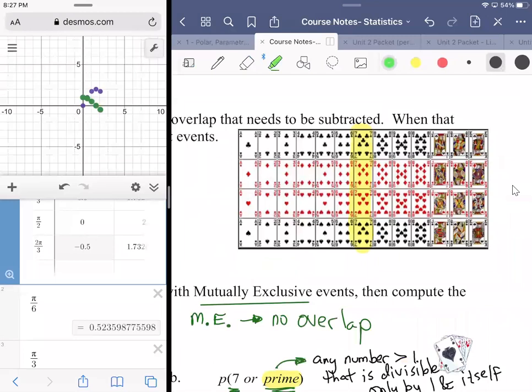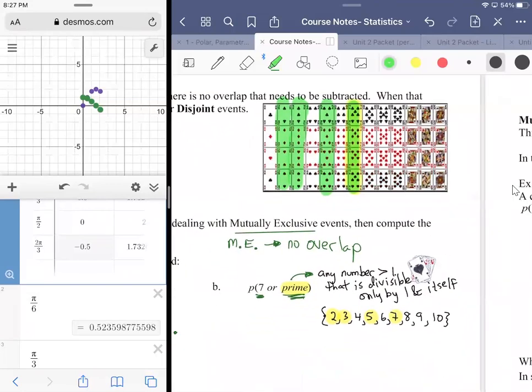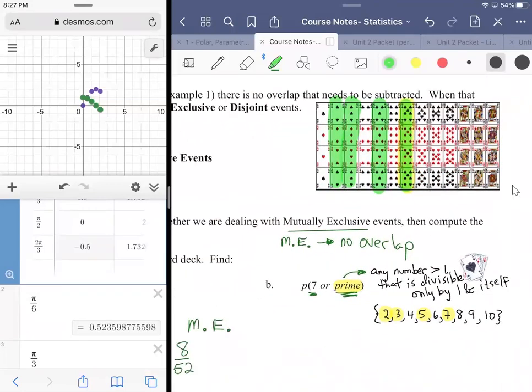I'll do that in green. All right, so all the 2s, 3s, 5s, and 7s. So you see that I got the 7s double highlighted. You might be able to barely see it, but it's there. I have it highlighted in yellow and also in green.